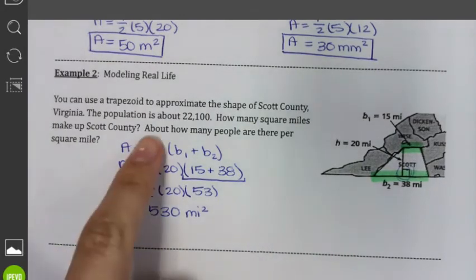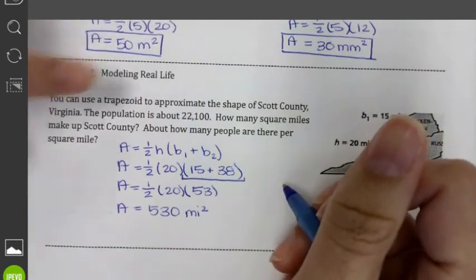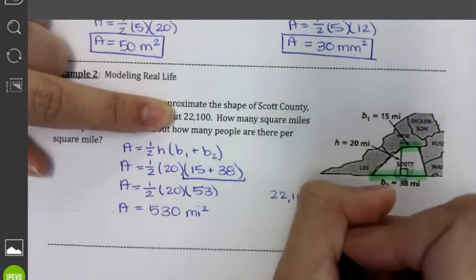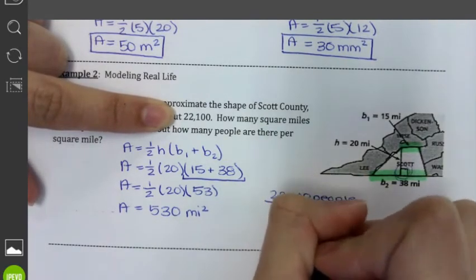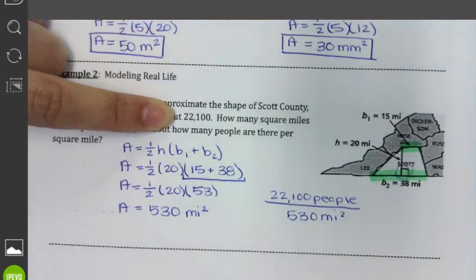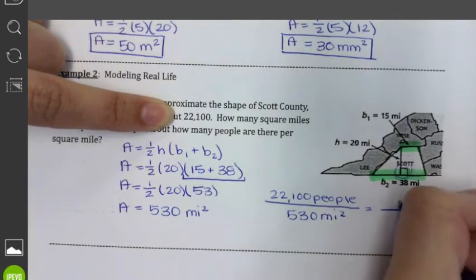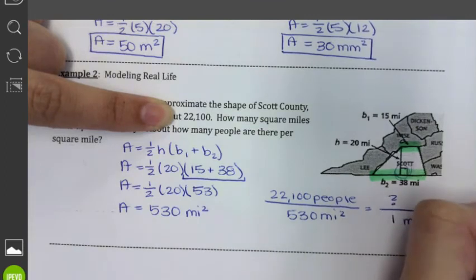Now the follow-up question was about how many people are there per square mile? Well, we know there are 22,100 people per 530 square miles. We want to figure out how many people there are, unknown, question mark, or x, if we have 1 square mile.